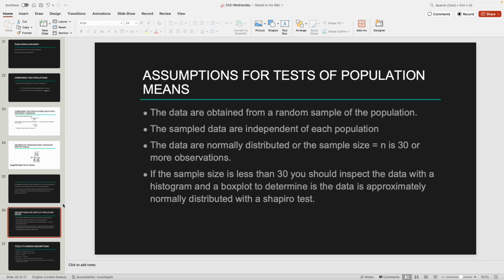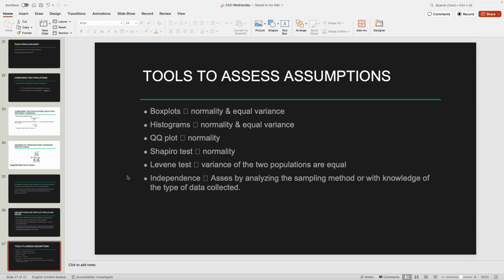Lastly, you could use a Shapiro test for normality. When you assess your assumptions visually, box plots can assess normality and equal variance. Histograms can assess normality and equal variance. QQ plots only assess normality, but they're the best at assessing normality.